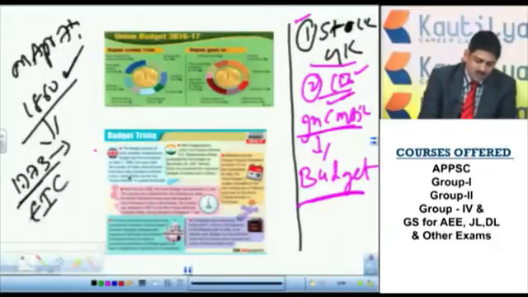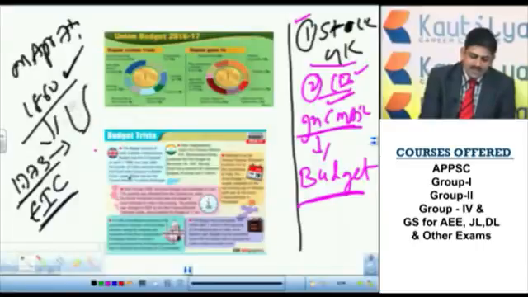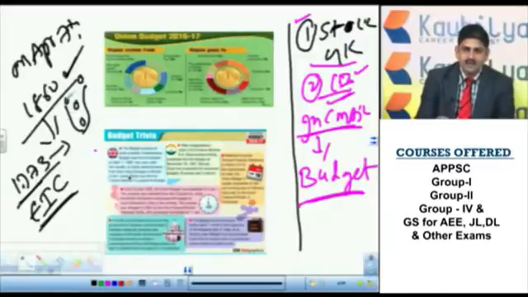There were two components in India: British India and the princely states. Certain areas were directly under the rule of the East India Company, like Calcutta, Madras and Bombay, and certain princely states, like Hyderabad, were not directly under the rule of the East India Company.